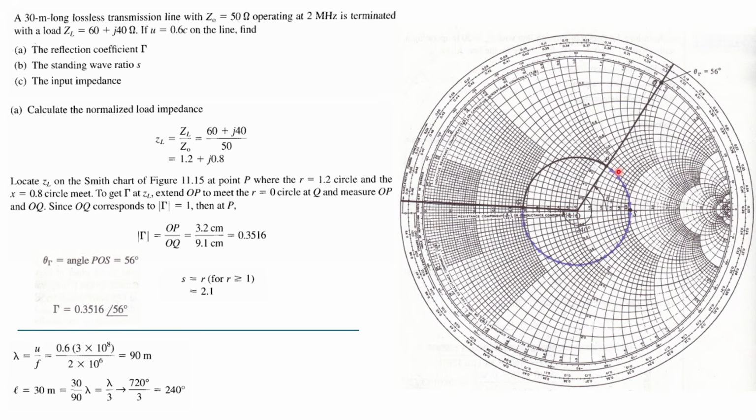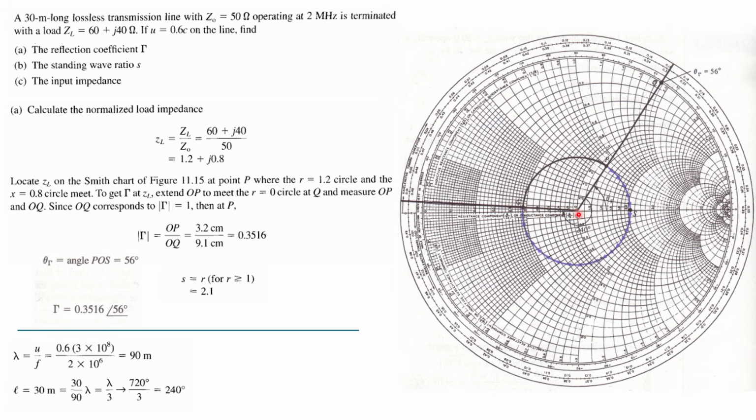Why? Because point P is at the load point where you know the value of Z. Now from this known value you have to find the unknown point. So where is your unknown point? Your unknown point is at 240 degree. So from this you have to move by 240. If you move, then you can get the value at this point, suppose point G. So just move from point P. How will you move?